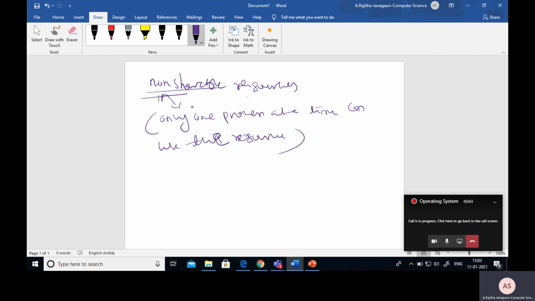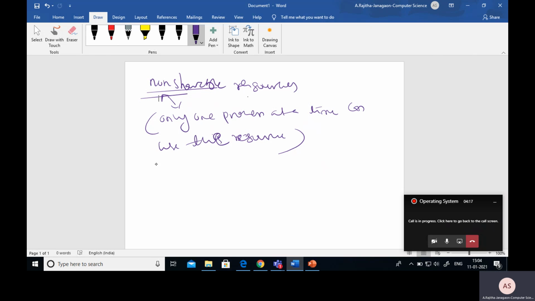So for mutual exclusion, at least one resource must be held in a non-shareable mode. That means out of a number of resources, at least one resource is held in a non-shareable mode, so only one process at a time uses that resource. If another process requests the resource, the requesting process must be delayed.